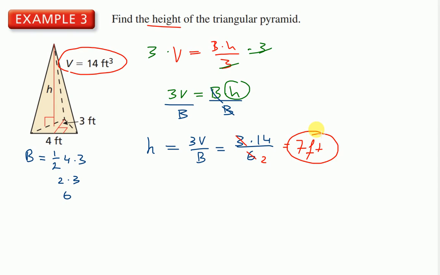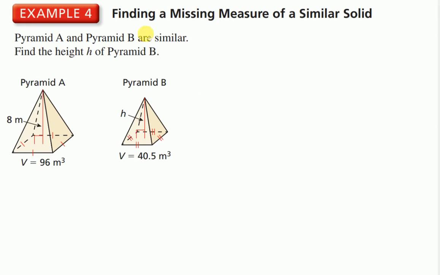Let's see, finding measures of similar solids. Remember that the scale factor of the volume is cubed to the scale factor of the sides. And the scale factor k, remember, was new over original. Since this is pyramid B, we'll have new be h, so that's h over 8.